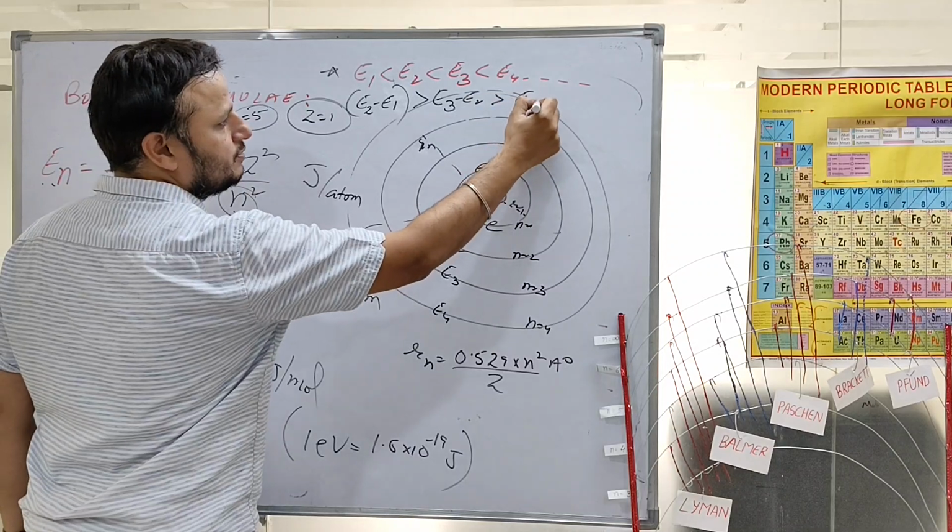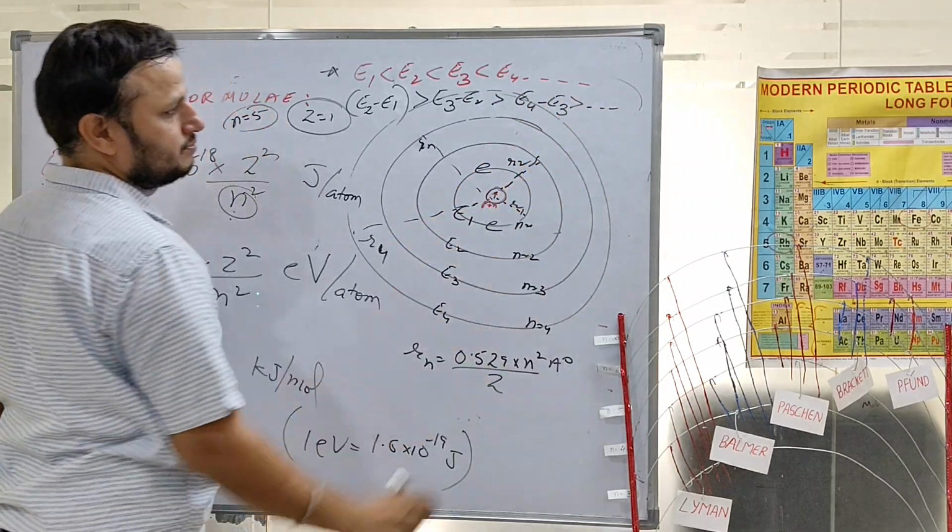The E3 minus E2 is greater than E4 minus E3.